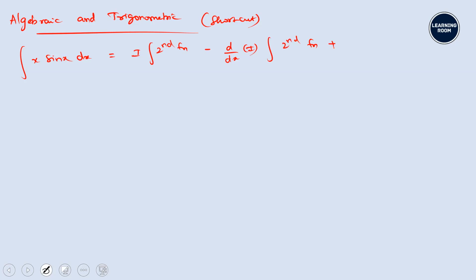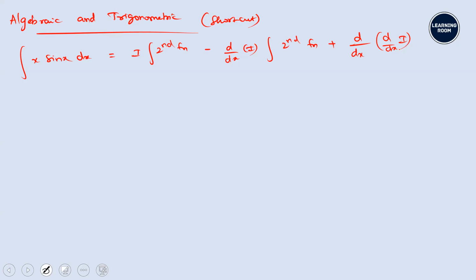Differentiate this function, d by dx of it. Sorry, what I've been trying to say is, you write the first function as it is, integrate the second function, and keep alternating the signs. Okay, you start with a plus, put a minus, and then again you put a plus.